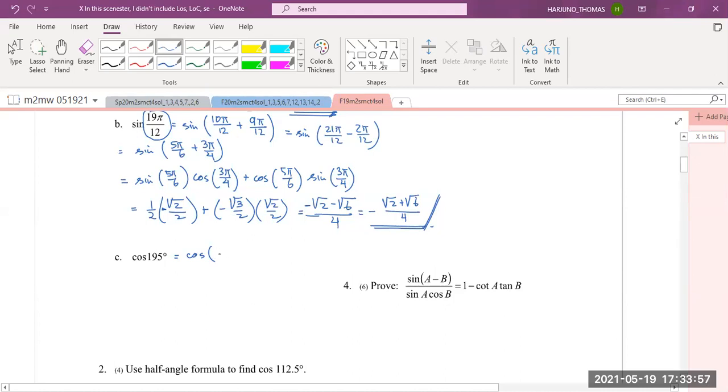So let me use 135 degrees plus 60 degrees, or you can also use cosine 150 degrees plus 45 degrees. Like either one. Okay, cosine 135 degrees, cosine 60 degrees minus sine 135 degrees, sine 60 degrees.